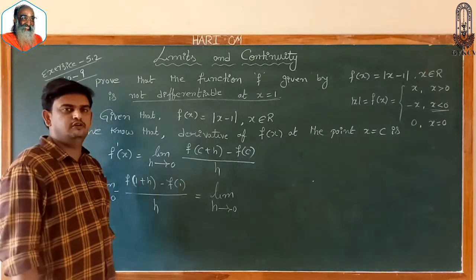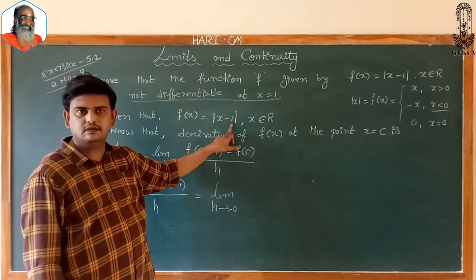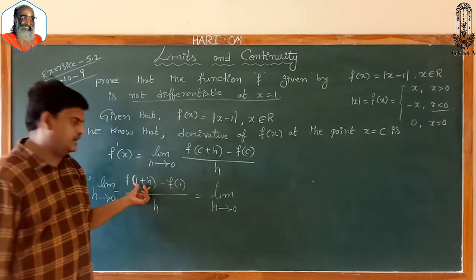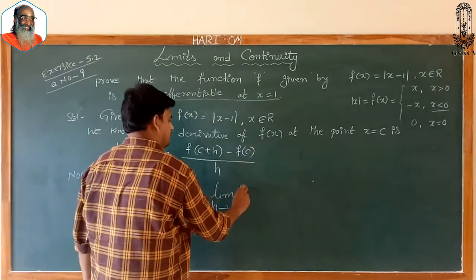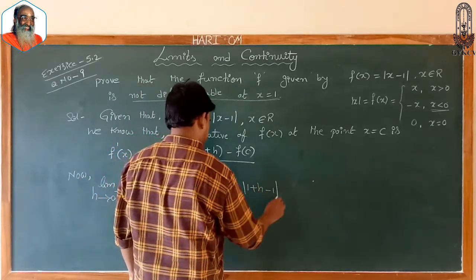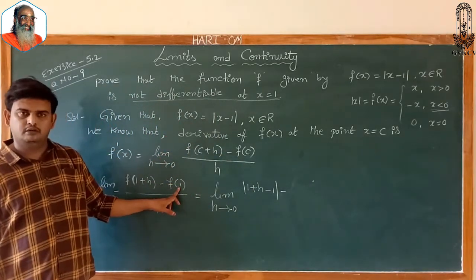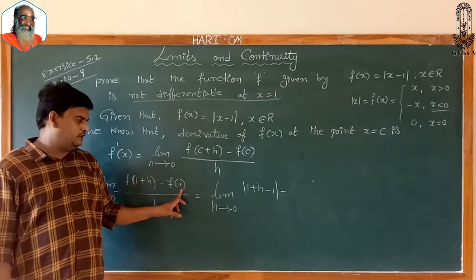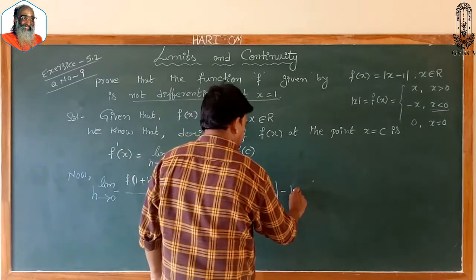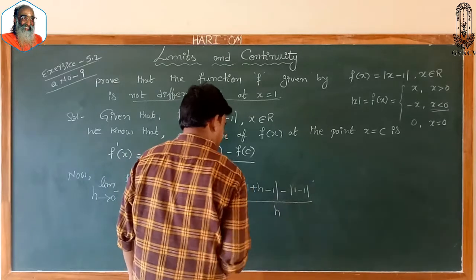What is the meaning of f of 1 plus h? Actually, f of x is nothing but modulus of x minus 1. Now, in place of x, what do we have here? 1 plus h. So we have modulus of 1 plus h minus 1, minus, again in place of x we have 1, so f of 1, which means modulus of 1 minus 1, by h.